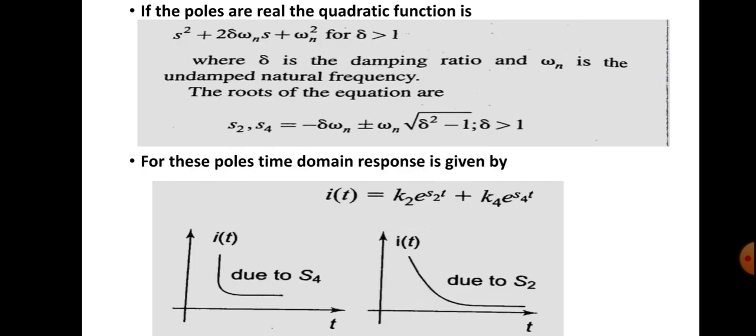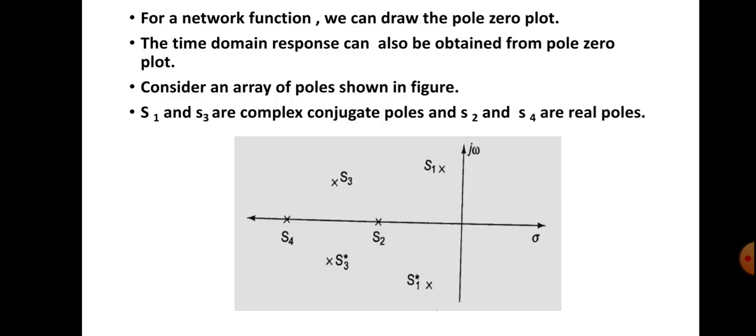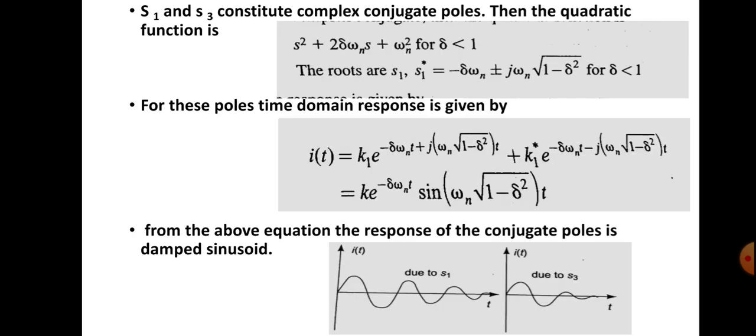Next, we have discussed the poles S2 and S4 alone. See, S2 and S4 are real poles. Next we have to consider S1 and S3, which are the complex conjugate poles. When we are considering the complex conjugate poles, the quadratic equation corresponding to them is s square plus 2 delta omega n s plus omega n square, and in that case delta will be less than 1.